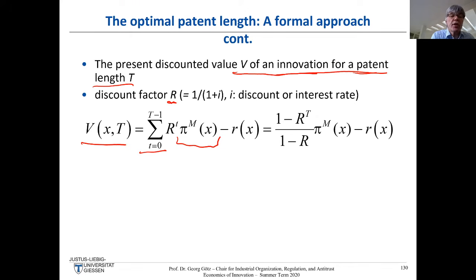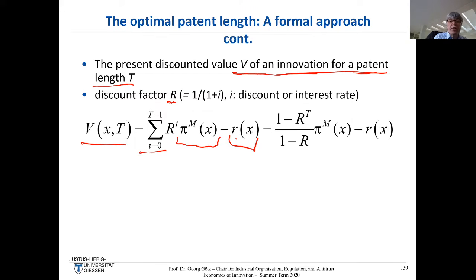This is a capital R raised to the power of T, and then you have to also pay right now your R&D investment cost. And now, of course, you well know, hopefully, from your introductory math course, how to calculate such a series.